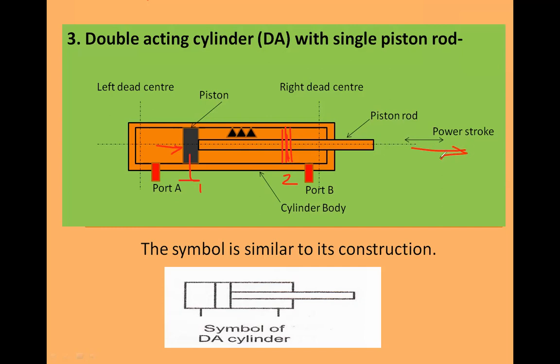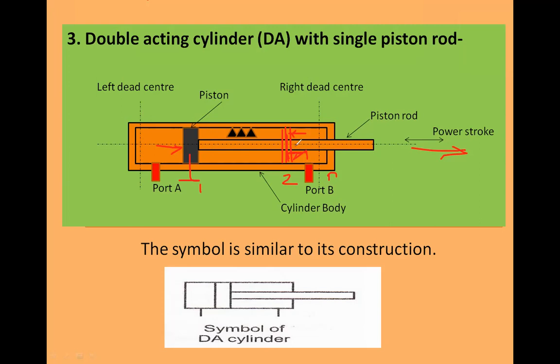Now after getting the useful work, after completion of the useful work, we want to move this piston rod to its original position, that means position 1. So through this port B, another fluid will come inside this cylinder, and that fluid will exert force on the surface of the piston like this.